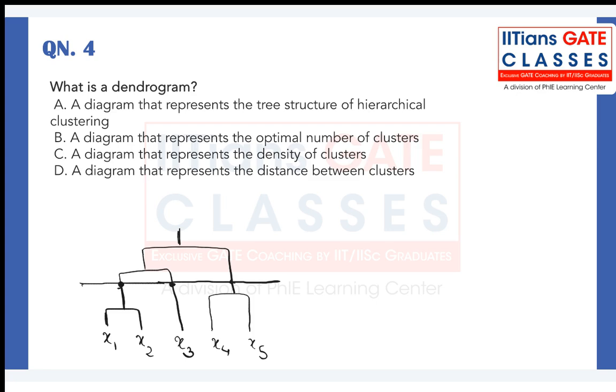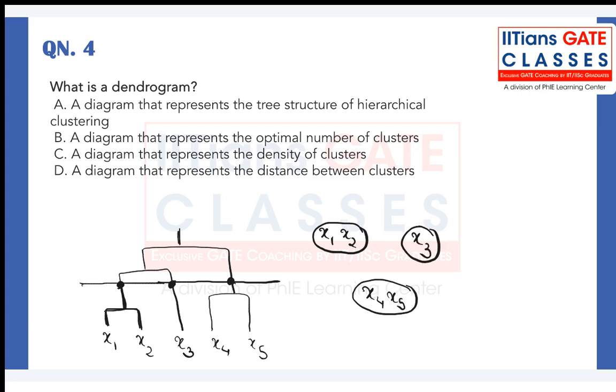So this is one, this is one, this is one. The first intersection consists of 2 points, x1 and x2. So that is one cluster. Then the next point is a single cluster containing x3. Then this point contains two data points, x4, x5.